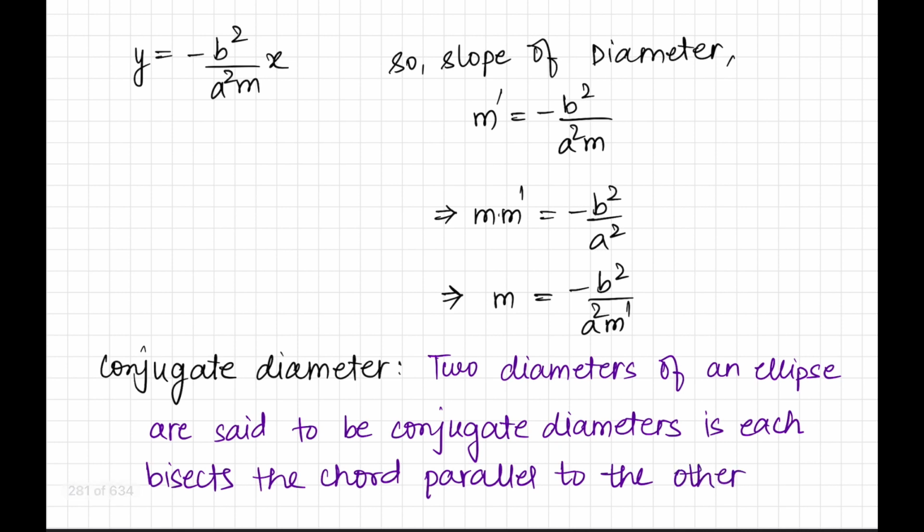And they satisfy the condition m into m dash equals minus b square by a square.